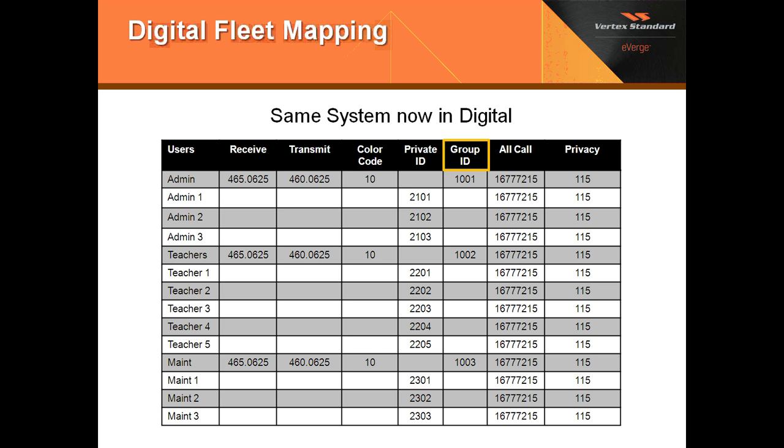So 1000 is identifying my user groups. 2000 is identifying my private or individual IDs. Additionally, in the private ID, you'll notice 100 matches the 1 in the group ID. So you have 2101, 2102, 2103. Those are all part of the 1001 group.